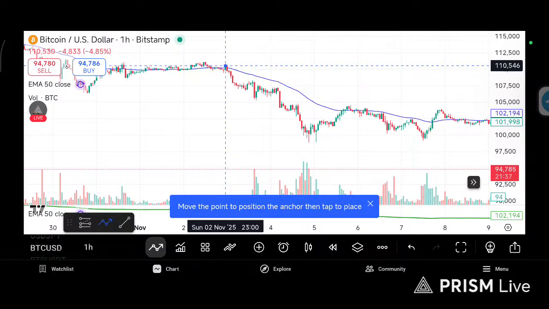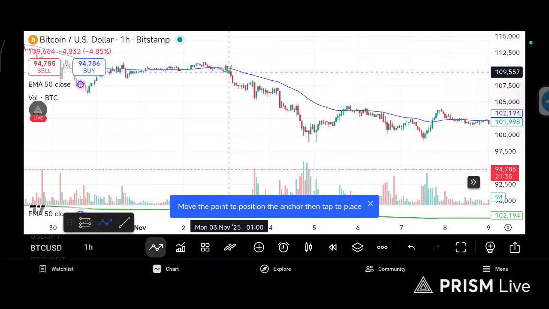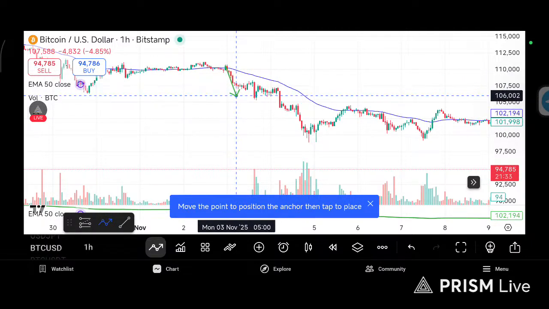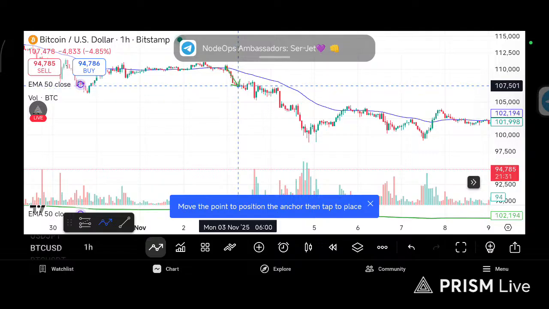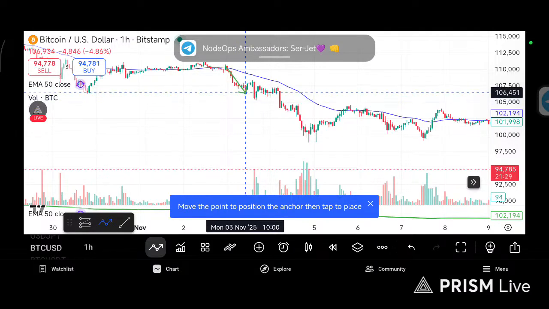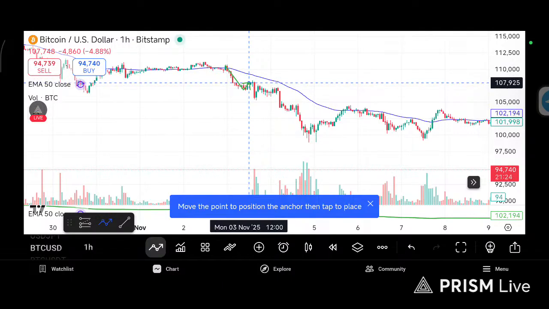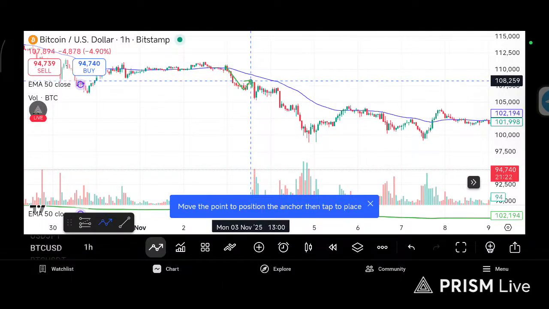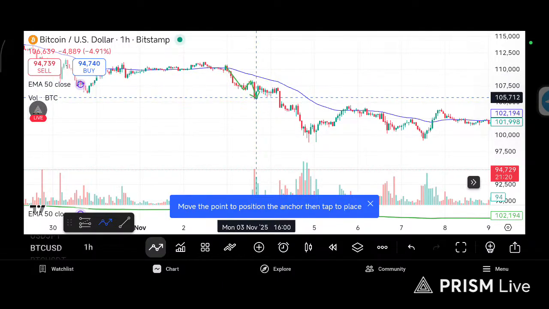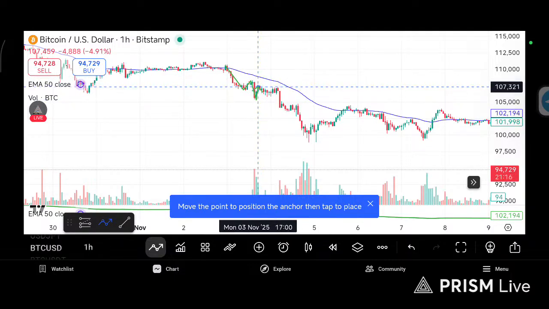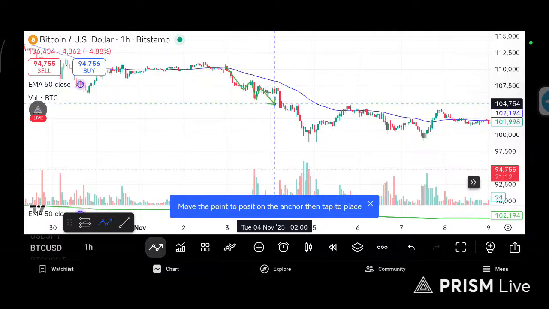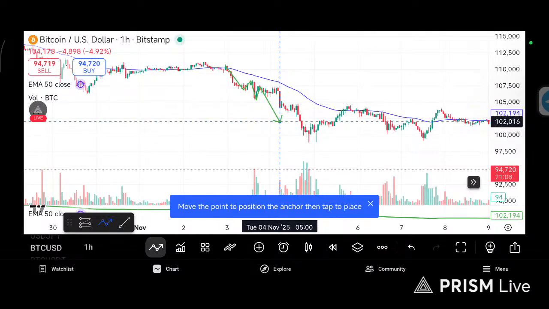So in the chart right now, to identify it is going to be here.